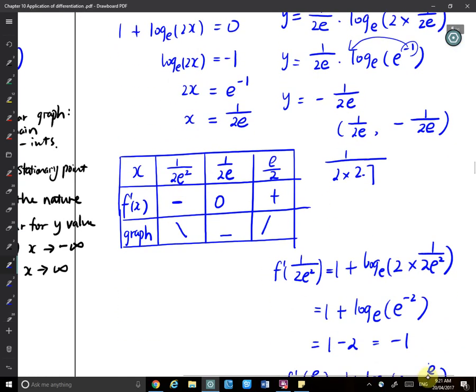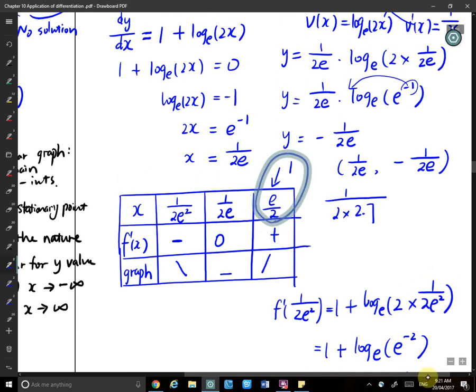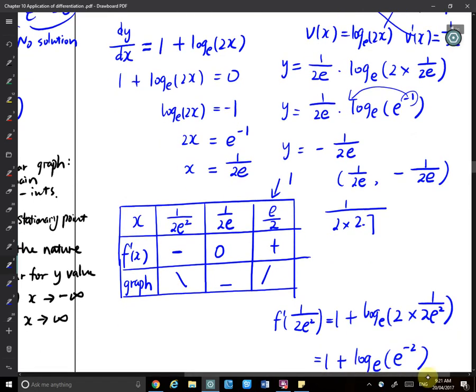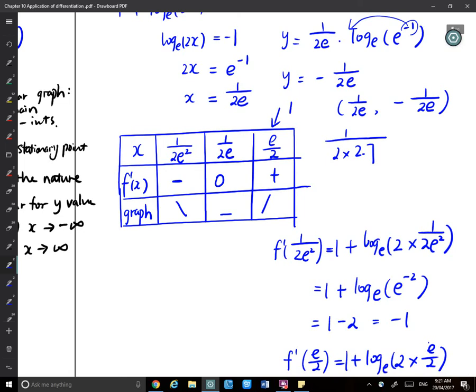Well, actually you can't put 1 here, but you can put a half. A half will be all right because log e 1 gives you 0. But anyway, I worked out that it's a minimum turning point. State the nature: it is a minimum turning point.